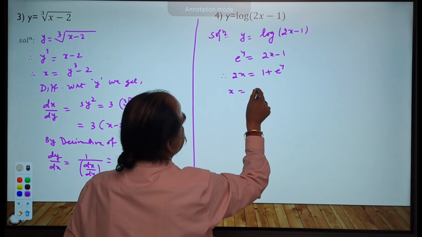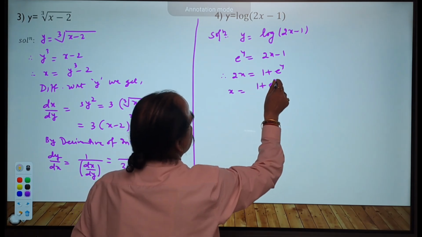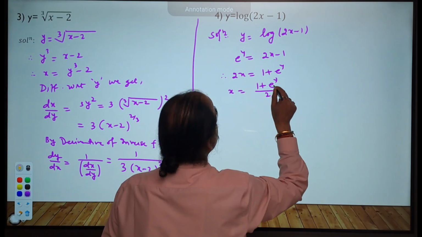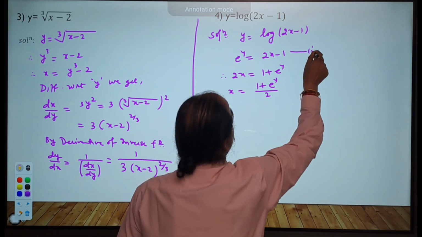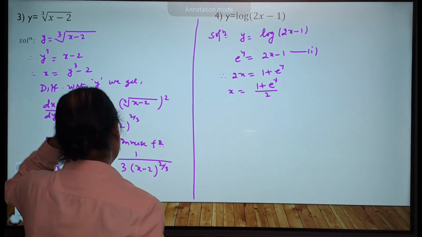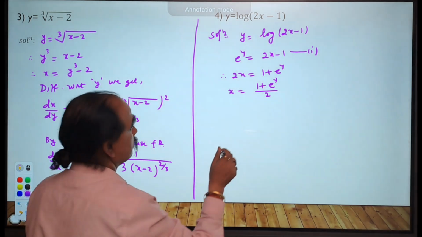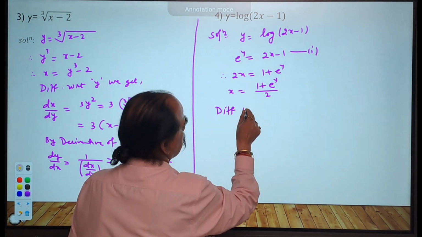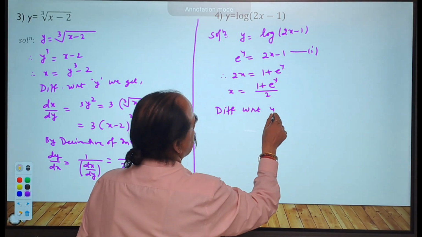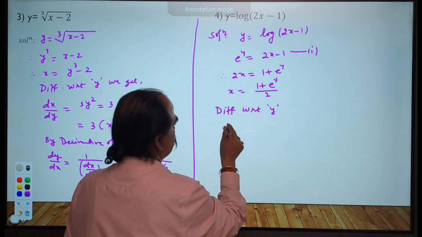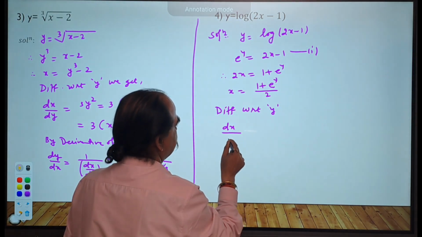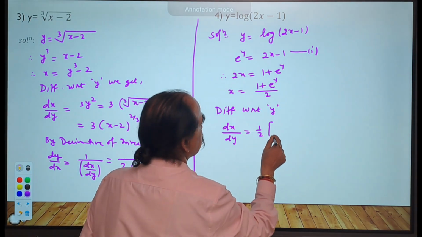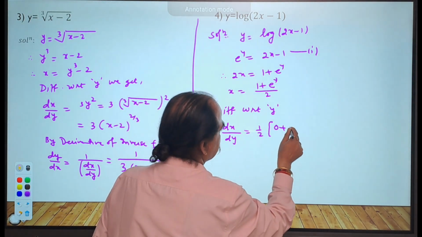So x is 1 plus e raised to y upon 2. Differentiating with respect to y, derivative of x with respect to y is what? 1 by 2 is constant, take outside, 0 plus e raised to y.